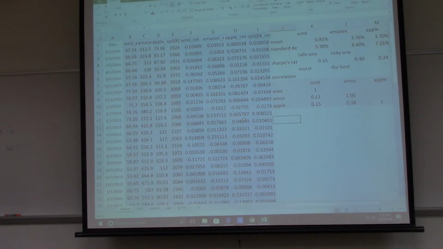Now, let's say you put 50% in Walmart, 50% in Amazon. So how much is your portfolio's return? P stands for portfolio. Now let's do the calculation. And how much is the standard deviation of your portfolio?